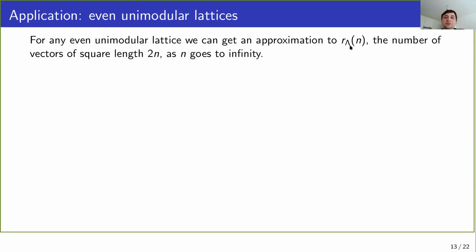So from the fact that it's a modular form with an expansion starting with 1, we get an approximation to the number of vectors of length square root 2n in the lattice when n is sufficiently large. And it turns out that it doesn't depend on the lattice that much.